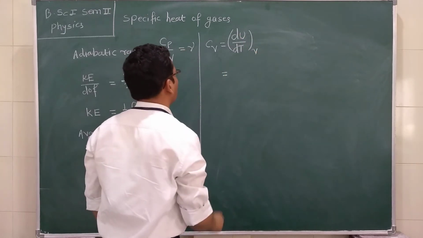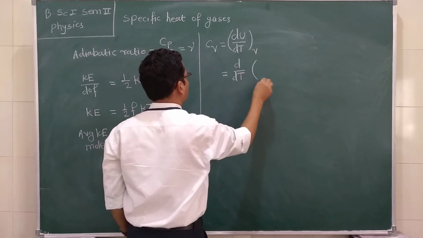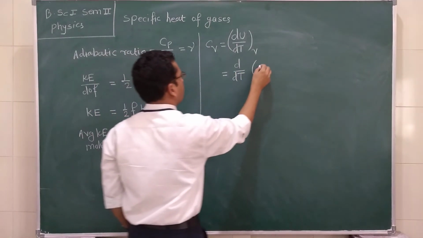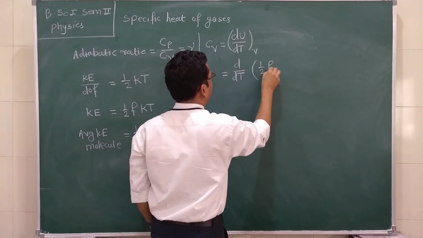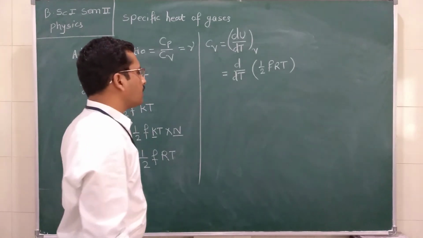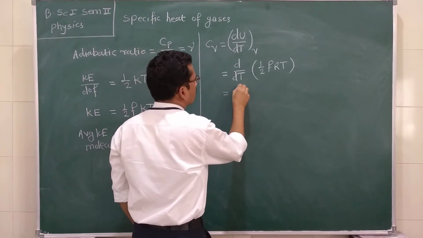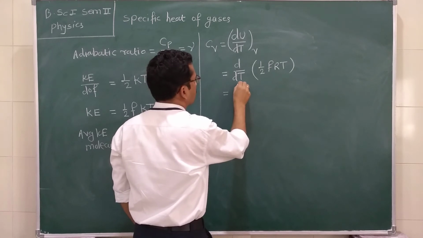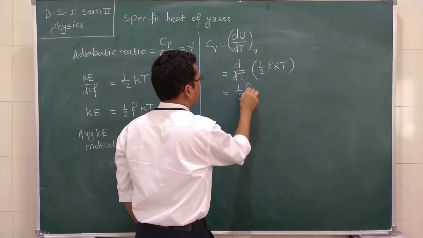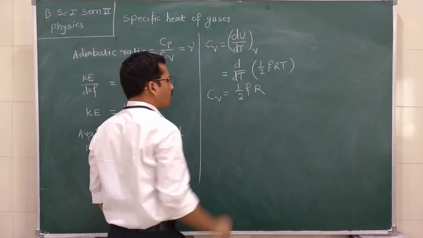So it is equal to d by dT of 1 by 2 fRT. This is nothing but 1 by 2 f multiplied by R. So this is the value for Cv.